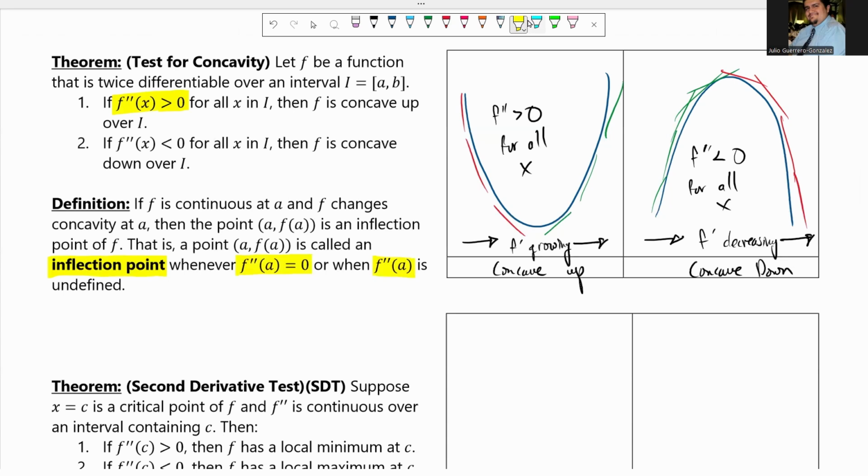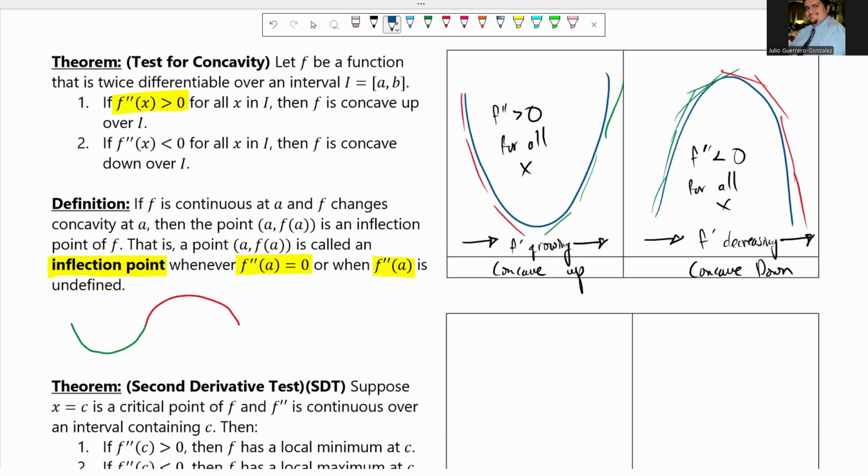Okay, how would they look on a graph? In your graphs, you're going to have something that does this, and then it might transition into something like that. I didn't give myself enough room here. So something concave up, changing to concave down.